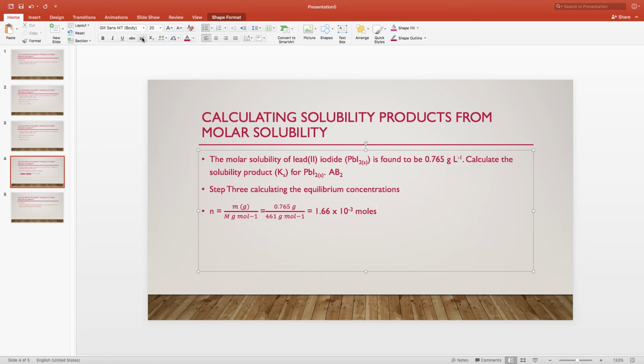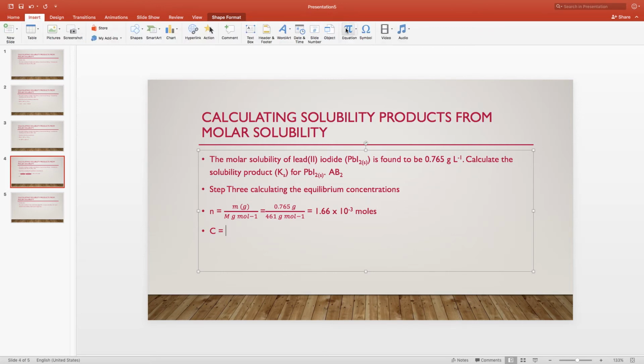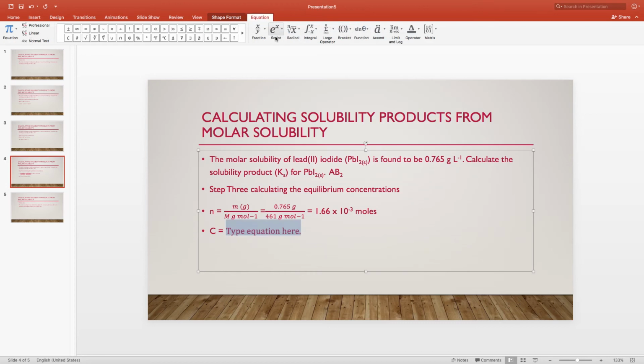Then I'm going to convert that to concentration. So C equals, and that's just going to be straightforward because again it was per liter.